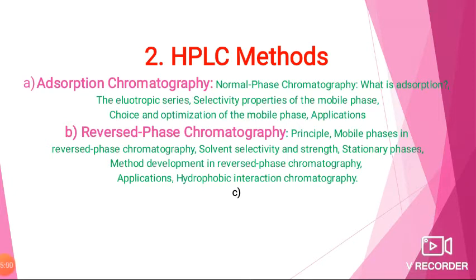Then solvent selectivity and strength are also discussed at that point. Then the stationary phase, which stationary phase is used in reverse phase chromatography, we will see at that point. Then method development in reverse phase chromatography and its application. Hydrophobic interaction chromatography is also included at that point.